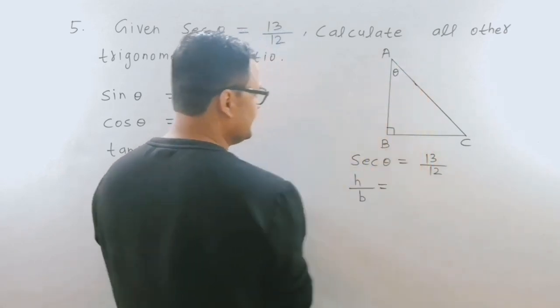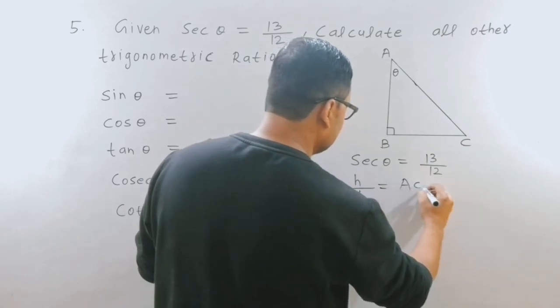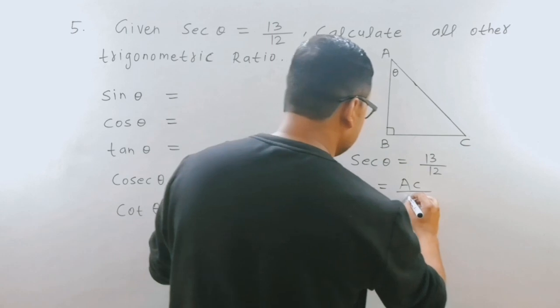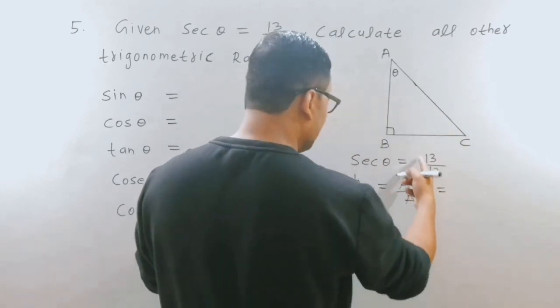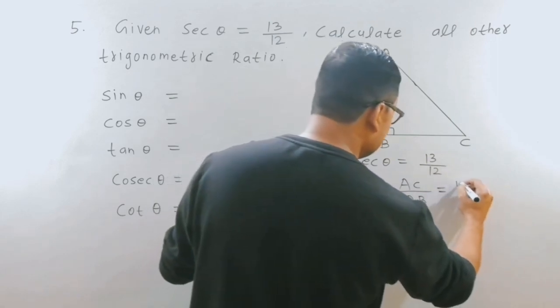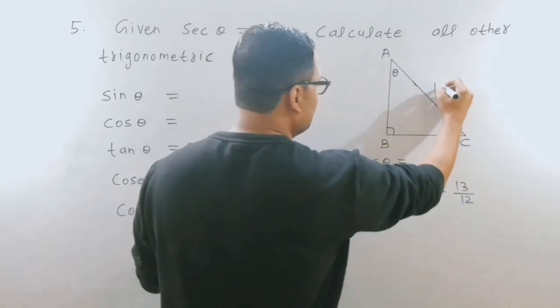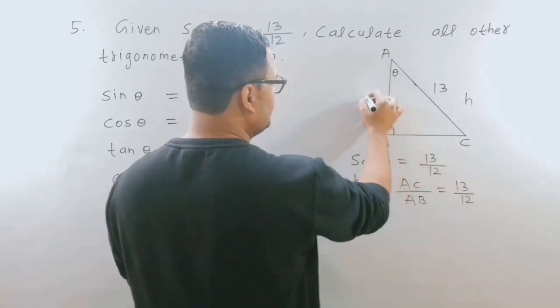So for this theta, AC is the hypotenuse and AB is the base. AC by AB is given as 13 by 12. So AC we got 13, the hypotenuse, and AB we got 12.